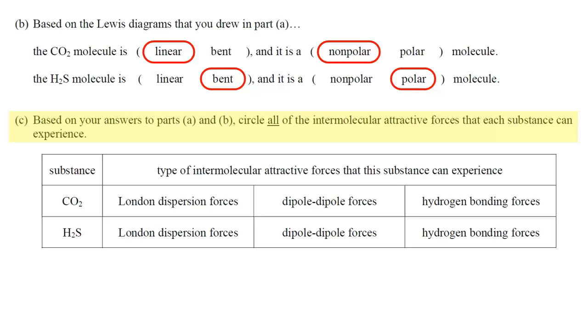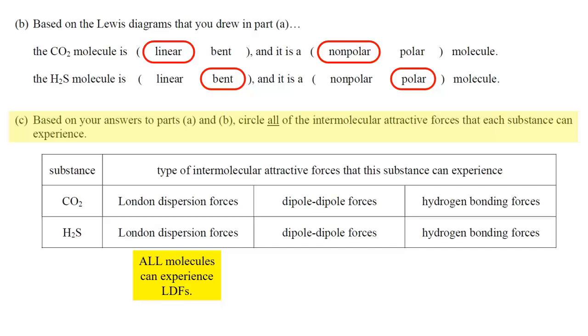So what's the rule for deciding whether or not a molecule will experience any one or all 3 of these attractive forces? Starting with London dispersion forces, it doesn't matter if the molecule is classified as polar or nonpolar. All molecules can experience London dispersion forces, or LDFs for short.